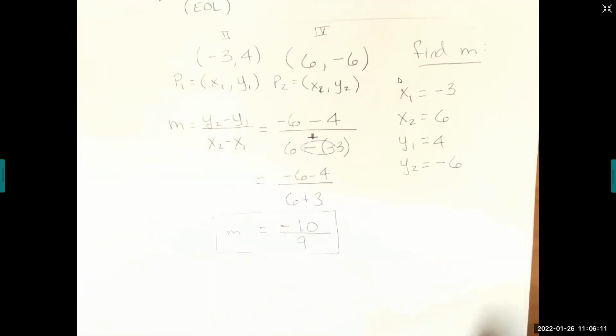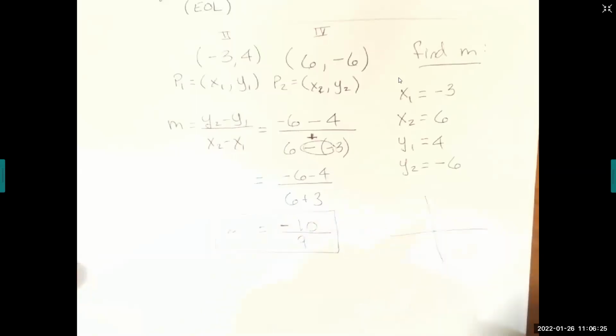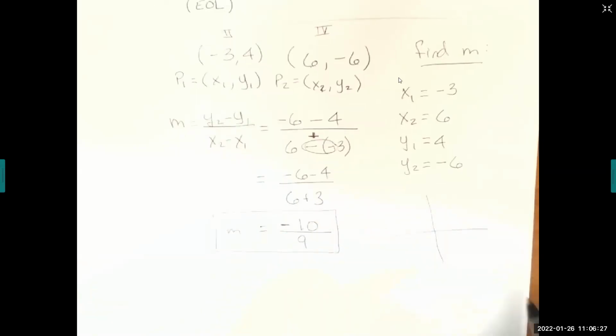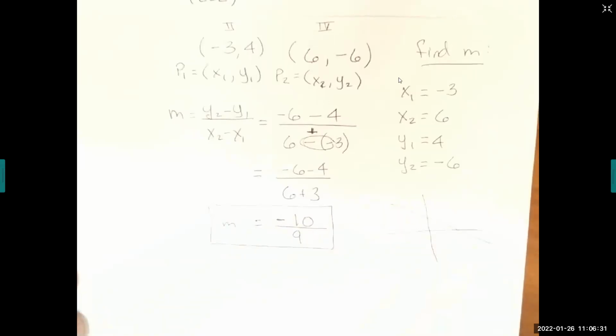If you saw that with your pen, tell me which direction that line is going. Yeah. So it's a negative slope, so it's going down.